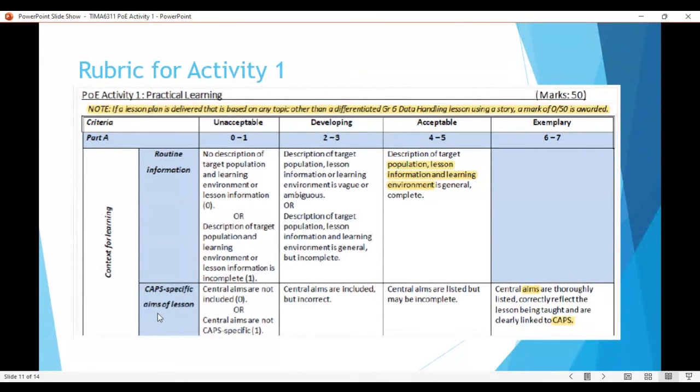The CAPS-specific aims of the lesson, the aims is section B. Central aims are thoroughly listed, correctly reflect the lesson being taught, and are clearly linked to the CAPS and is referenced. The CAPS is referenced for 7 marks.